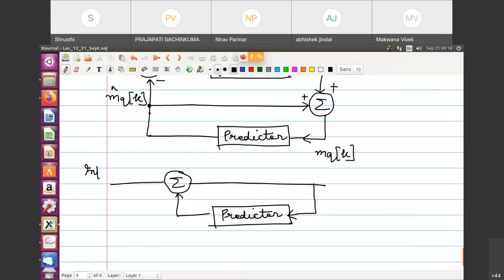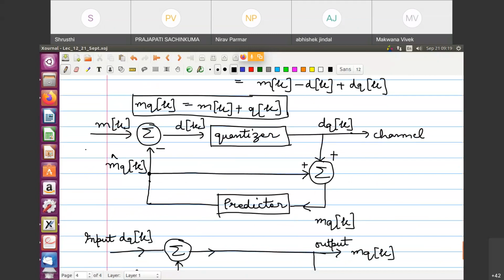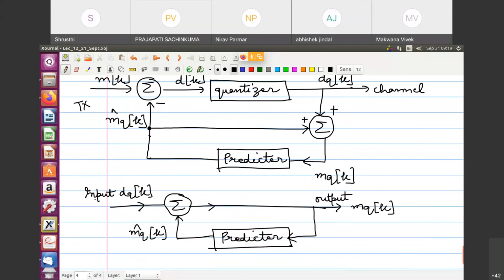Input is dq of k, which is coming. This is mq and k. Okay, and this is your output. Output is nothing but mq of k. Okay. So this is the transmitter and this is your receiver.